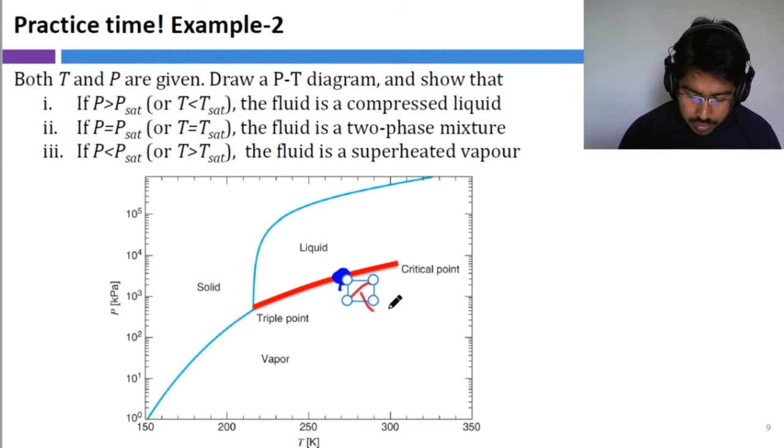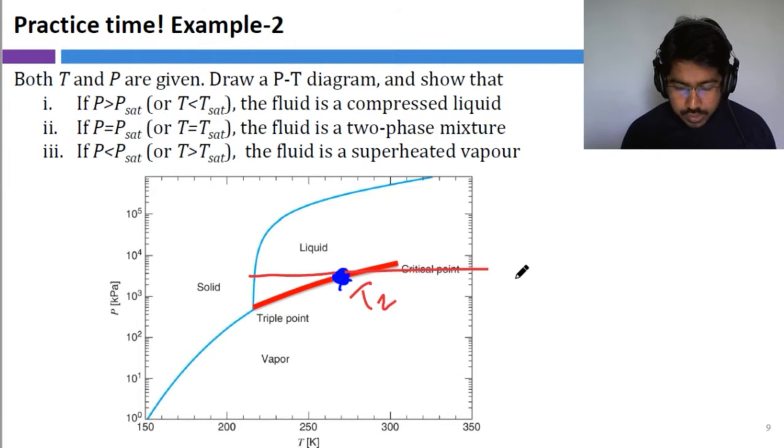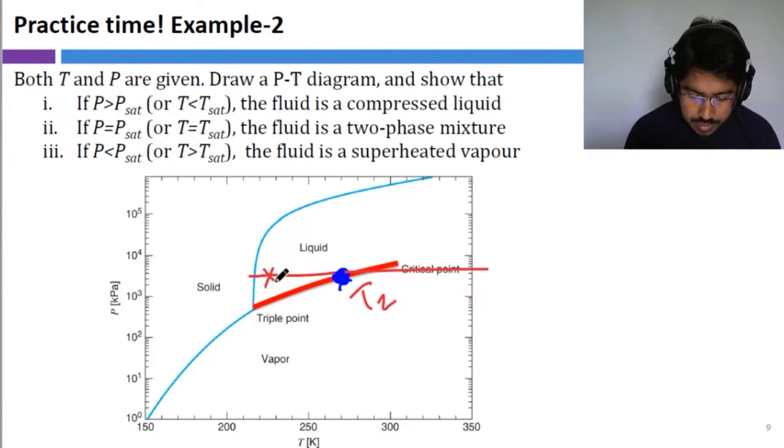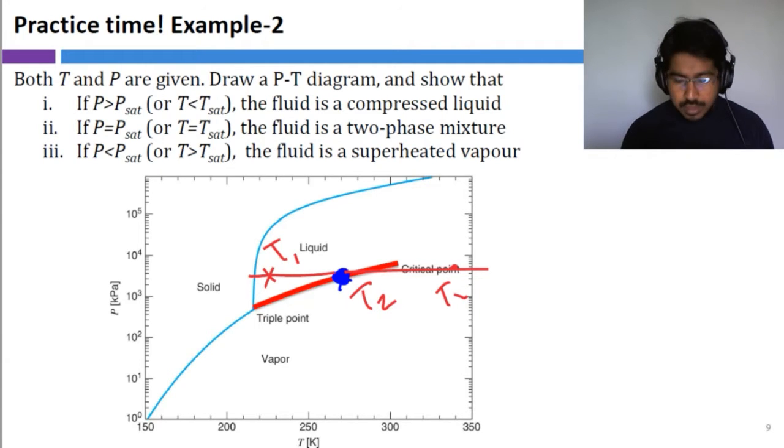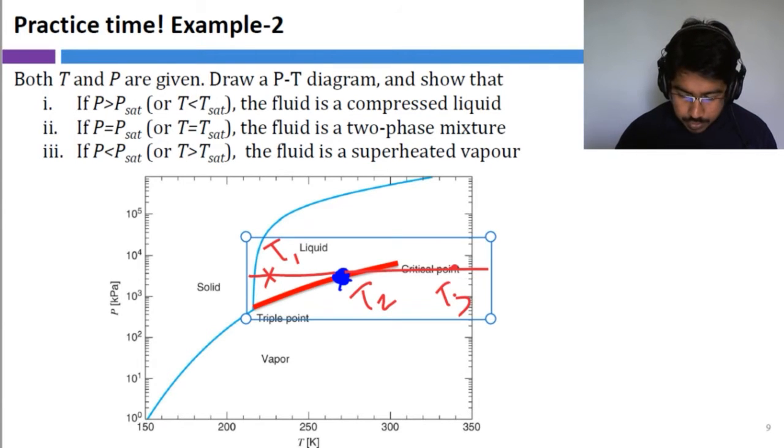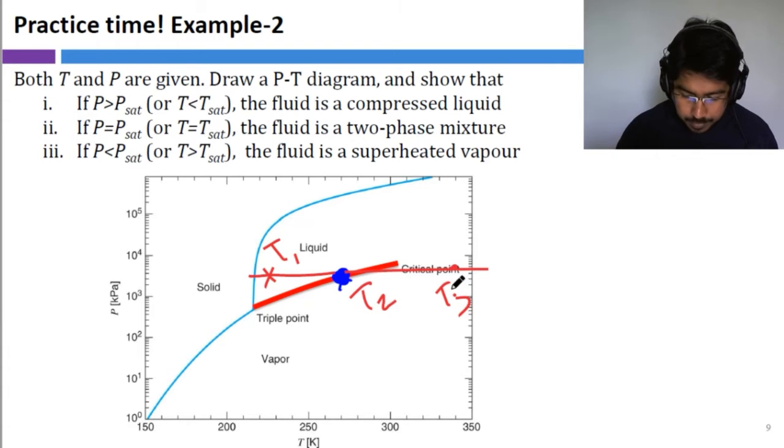We can mark the saturation temperature T2, and then we can go both ways. It says in question 1, when T1 is less than T2, what happens? T1 here and T2 here. Now you can comment on the point T3 here, and you can comment on these points as we did earlier. Did I answer your question?